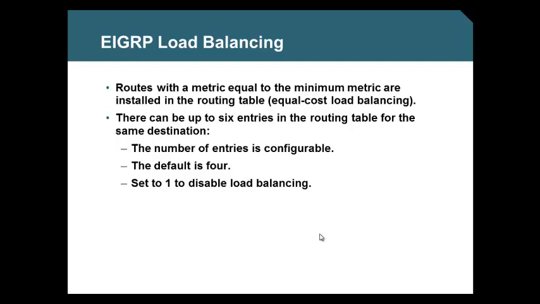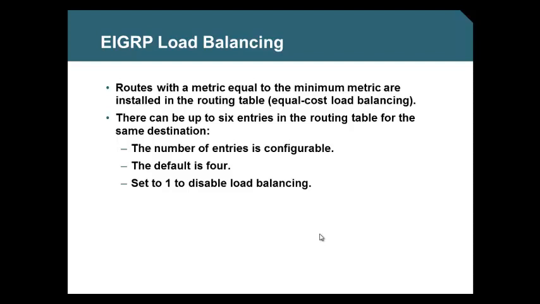We can tune variance in order to do unequal cost load balancing. We can change the variance from 1 to 2 or 3 in order to have unequal cost load balancing. But by default it is set to 1, which supports only equal cost load balancing.